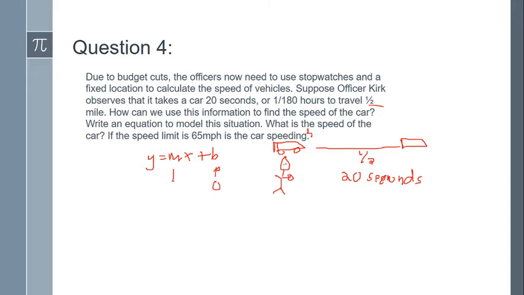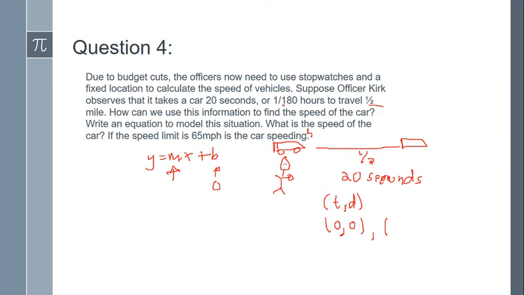Alright, so we're trying to figure out here the slope. And you may have seen that if we have 2 points on a graph, we can use the slope formula to calculate the slope. Now remember here, our points are going to be represented as time for our x variable and distance for our y variable. So at time 0, the vehicle is 0 miles away from Kirk, because that's when he starts his stopwatch.